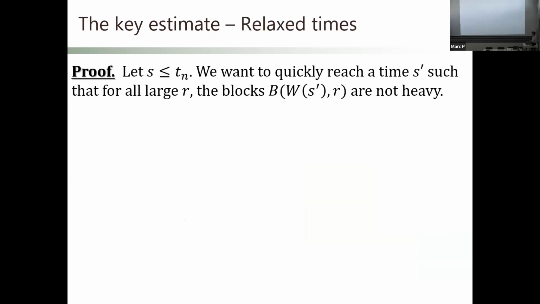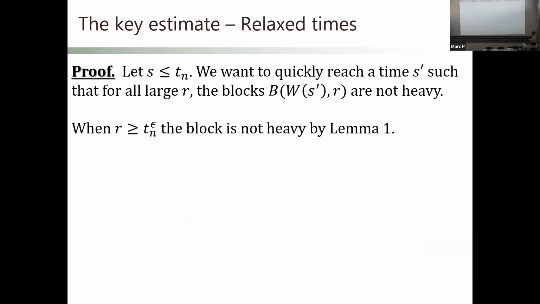Okay, and now we want to show that you quickly reach a relaxed time. To be relaxed, recall that means that we look at the walk at time, let's say S prime, look at a box around it, and we have to say that this box is not heavy.